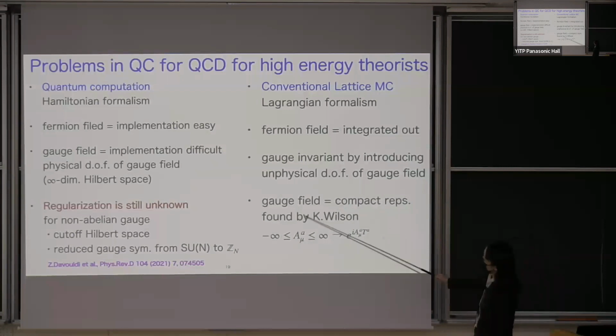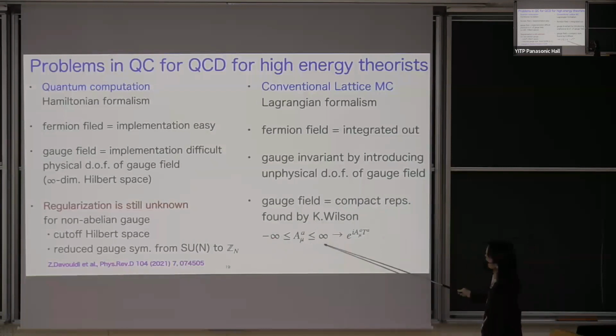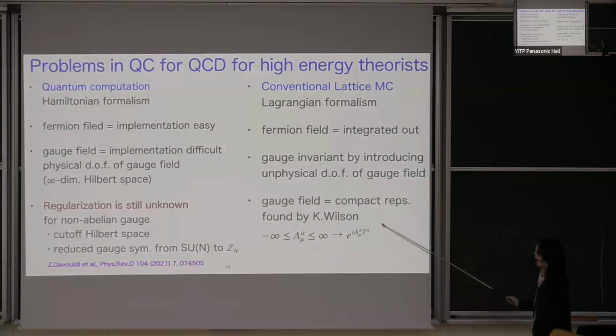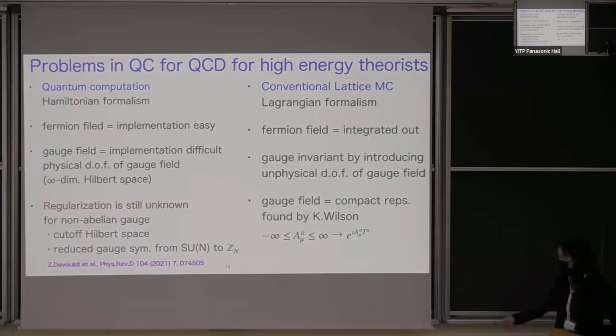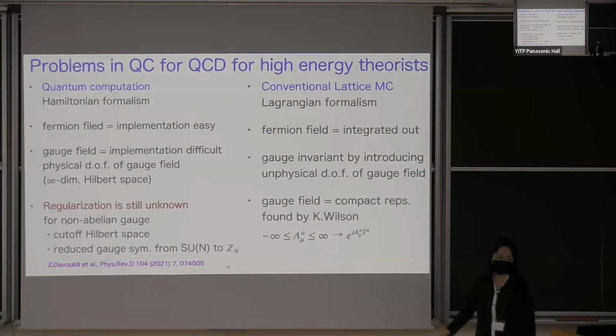The gauge field itself takes a value from minus infinity to plus infinity, but in our actual calculation, we utilize this compact representation, whose magnitude is unity. So this is the situation, but I don't have an answer for a good regularization method in the Hamiltonian formalism.